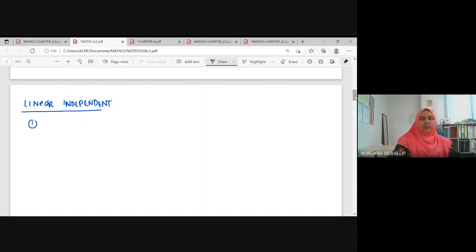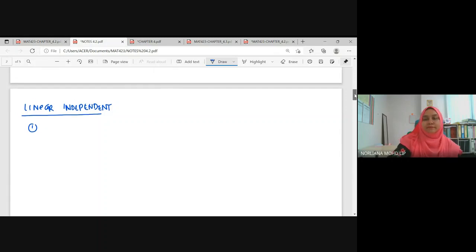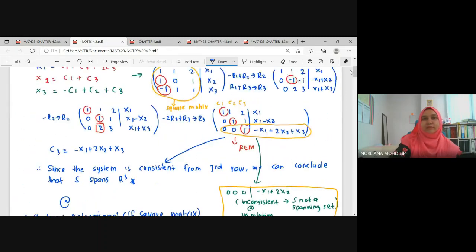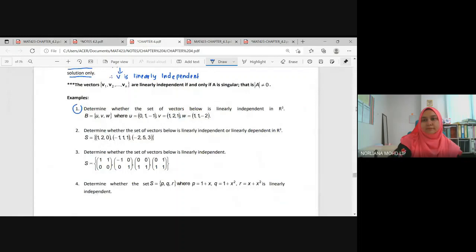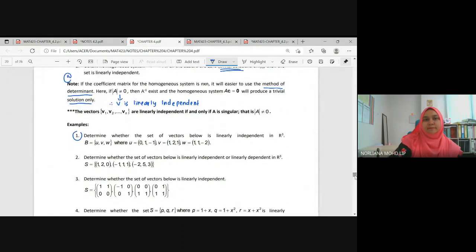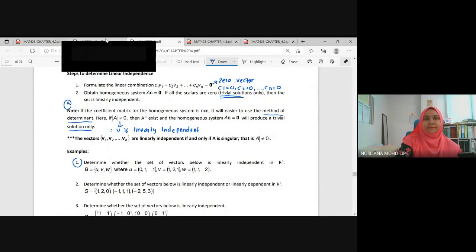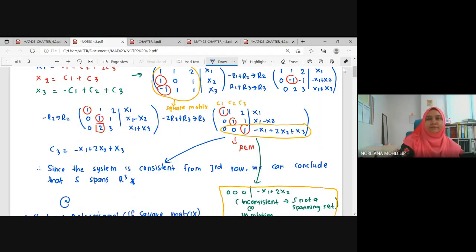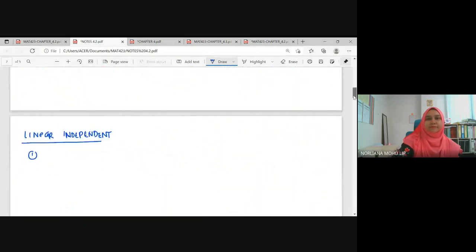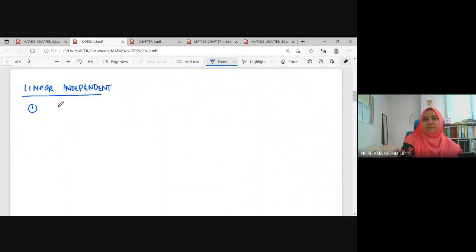We put it into the linear combination. The first step: formulate the linear combination equal to the 0 vector. The formula is C1 V1 plus C2 V2 plus until Cn Vn is equal to the 0 vector.